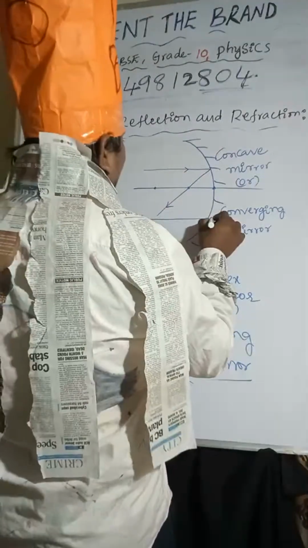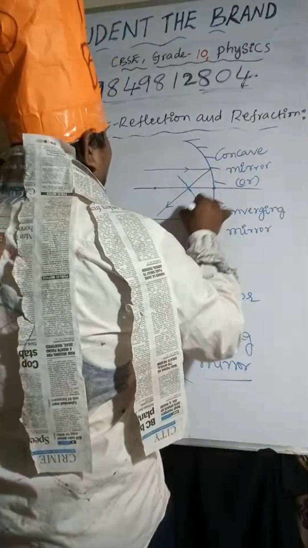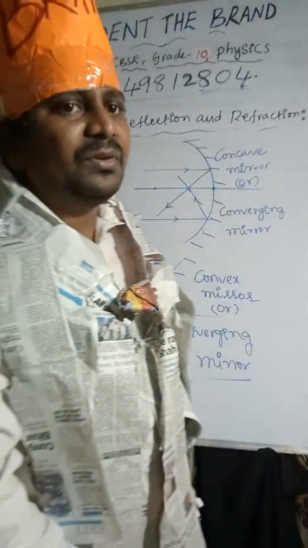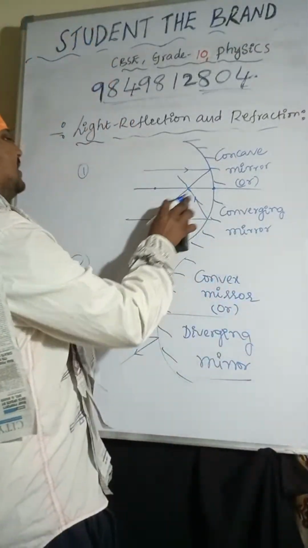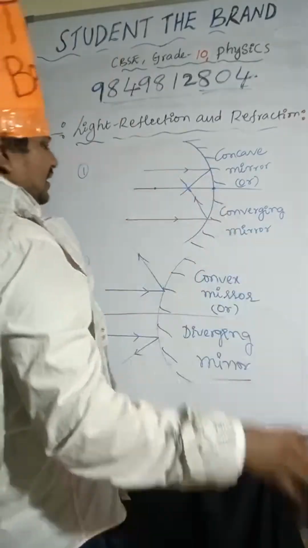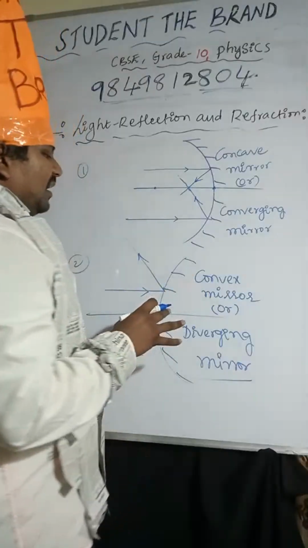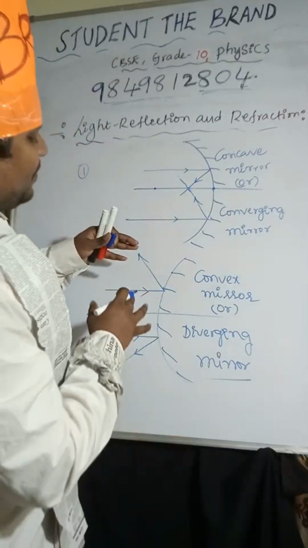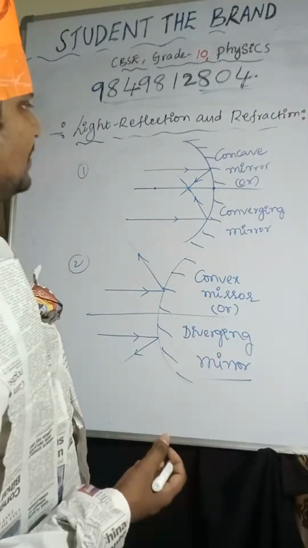In a convex mirror, after reflection, the light rays move away from the principal axis.